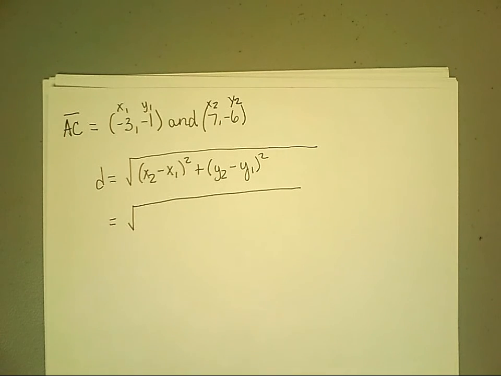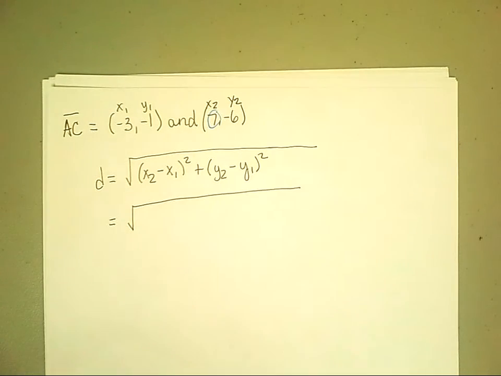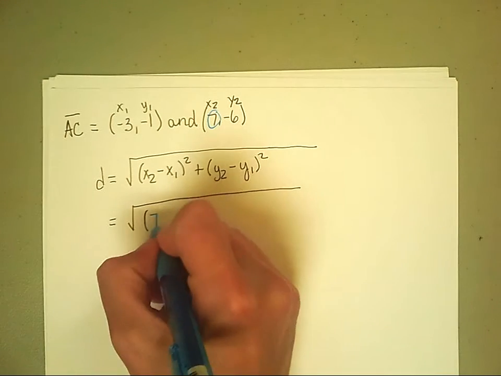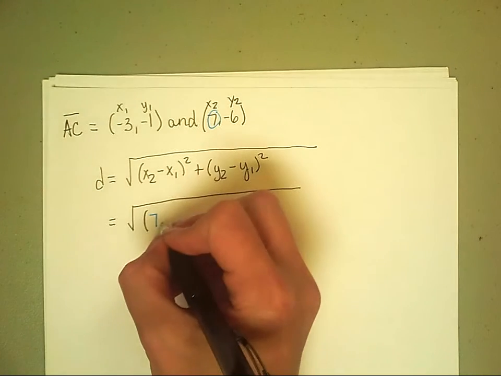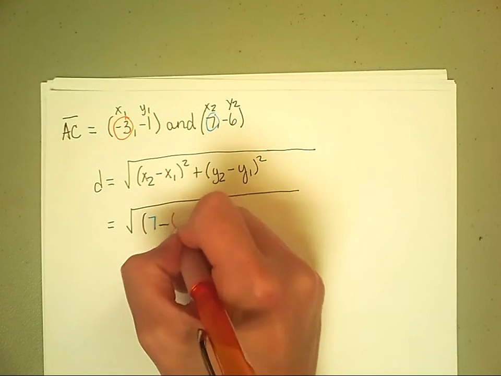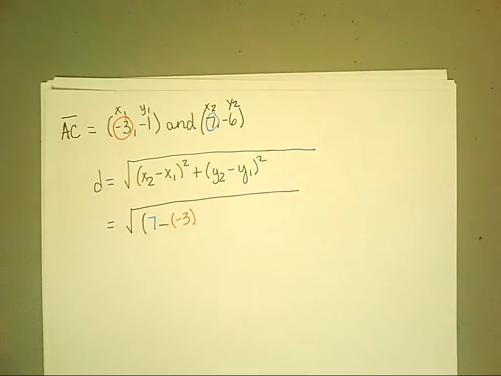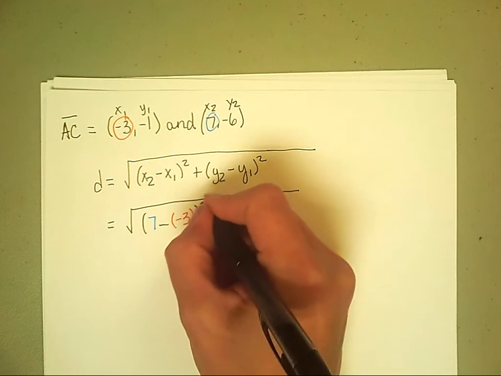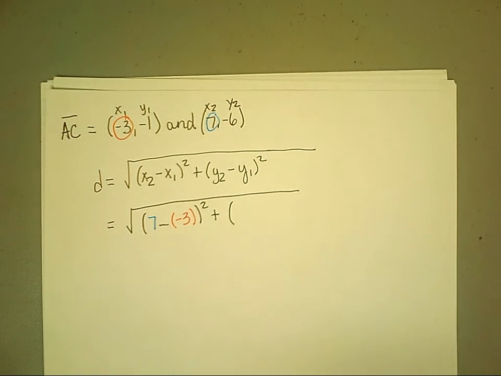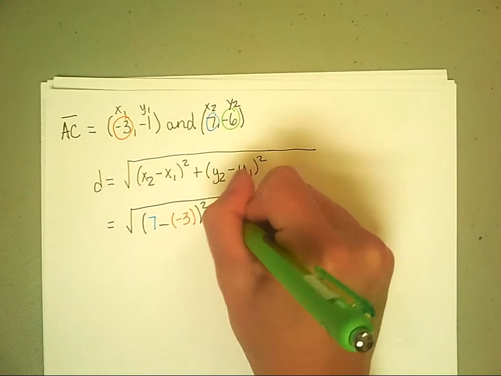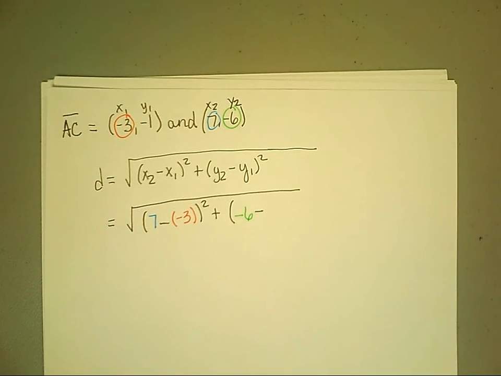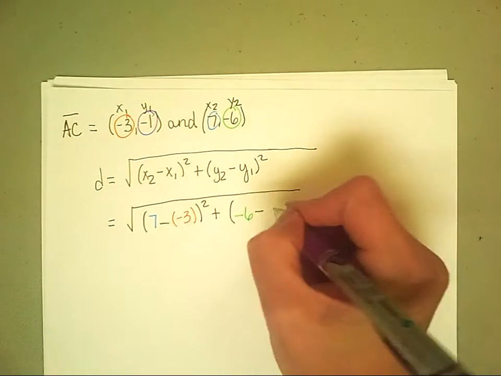So this is equal to, x2 is 7, so parentheses and then 7, minus x1 from the formula, which is -3, so we're subtracting the -3. Then we'll close that parentheses and square that, and add to it y2, which is -6, subtracting y1, which is -1.